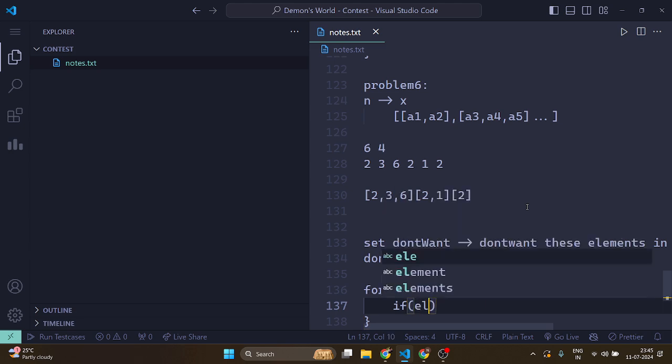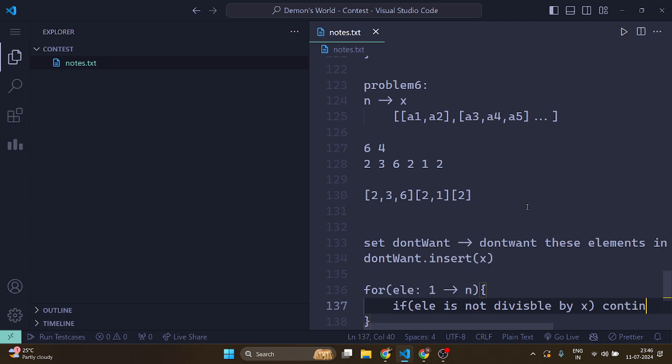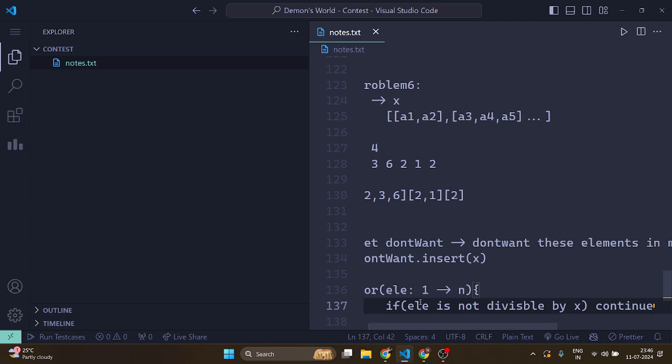So if the element is not divisible by x, then continue, because it won't matter. No matter whom you multiply this element with, you will never get x, because the element itself is not divisible by x. For some elements to be divisible by x, they all should be factors of x, right?